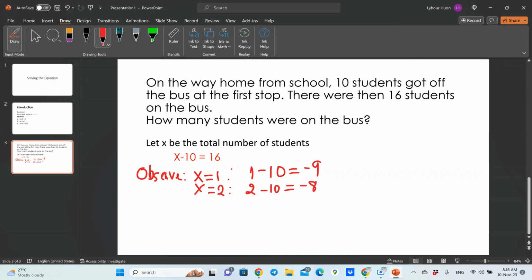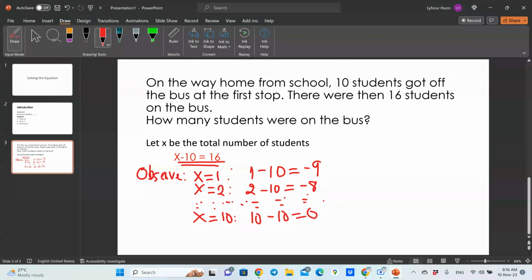And we know that to get positive 16 as what we want in here, it's maybe a bigger number than that. So let's put more random numbers. If for example x equal to 10, 10 minus 10 equals 0. Okay, so still not the number we want, right?